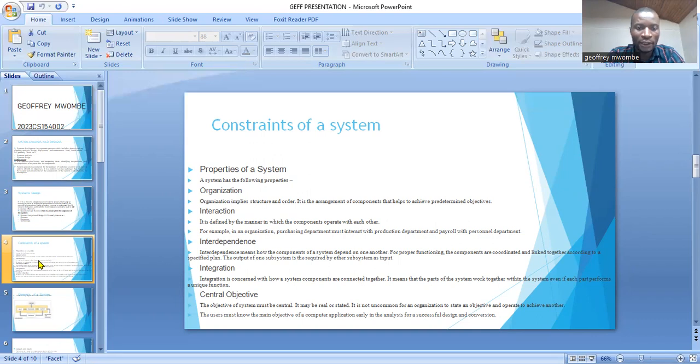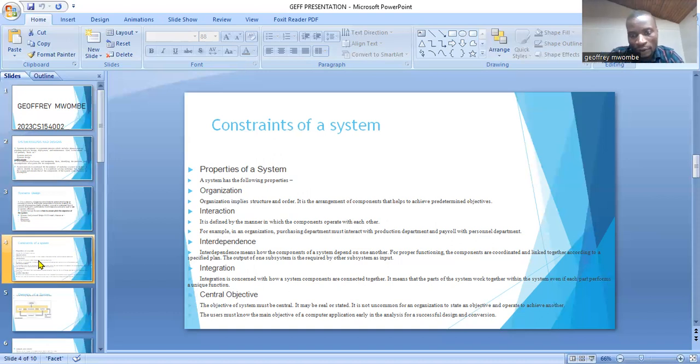Interaction, after organizing, we move to interaction. It is defined by the manner in which components operate with each other. After interaction, you have interdependence. Interdependence means how the components of a system depend on one another.